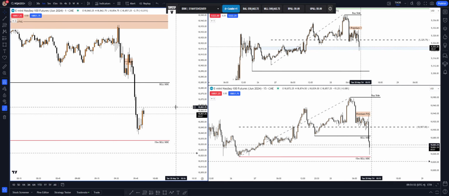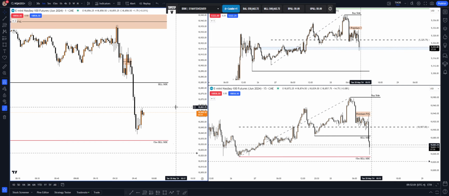Is this news at 10 o'clock considered Tier 1? That's a good question. Let's check it out. Where do we look? Where's the Tier 1 dashboard? Wait a second.